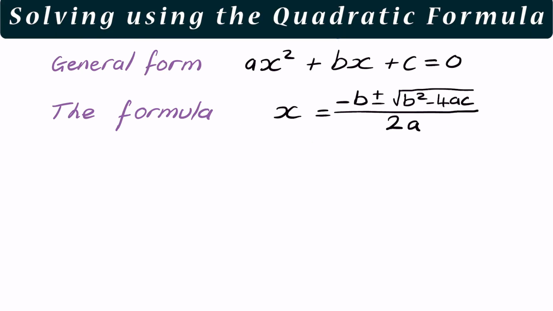And let's look at solving quadratics using the formula. When we solve quadratics using the formula, we work off the general form, which is ax² plus bx plus c equals 0.